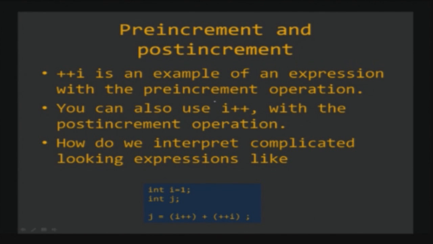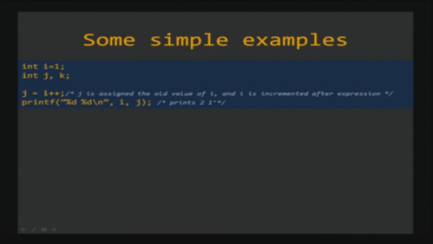Suppose you have int i equal to 1, int j, and then j equal to i plus plus plus plus plus i. What should we expect in this case? Is this allowed behavior? What does it mean? What will be the result which is stored in j?